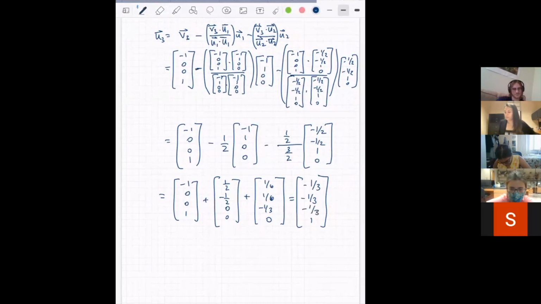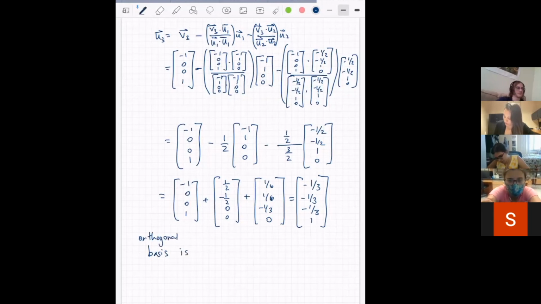Okay, there we go. Cool. So that gives us our U3. So we can go ahead and write down our basis. Remember, this will be our orthogonal. And let's just write down our final answer.